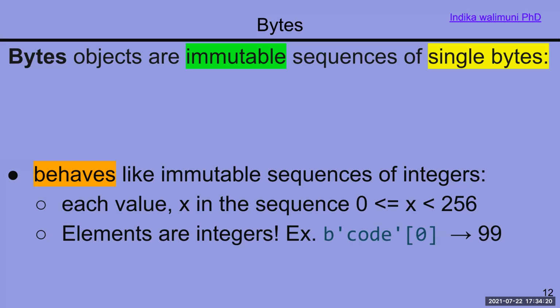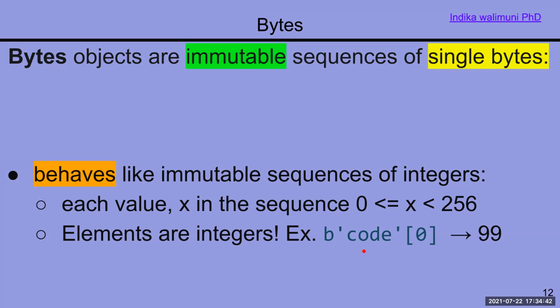Those values should fall between 0 and 256. The sequence values inside must be between 0 inclusive and 256 exclusive, which means the elements are integers.